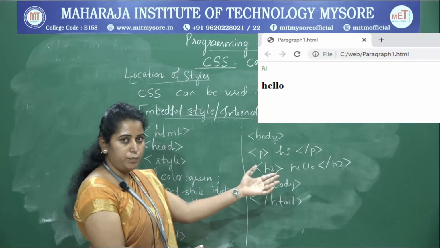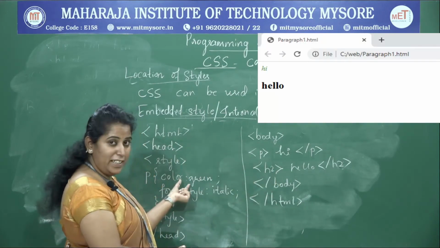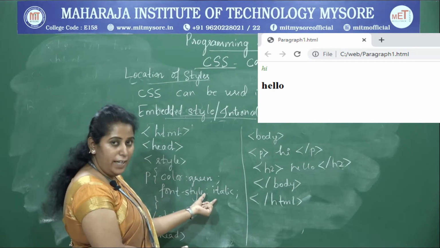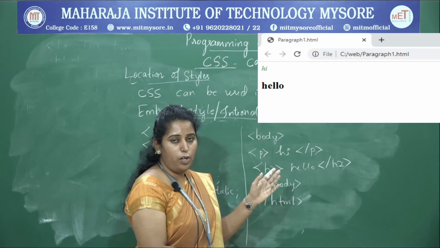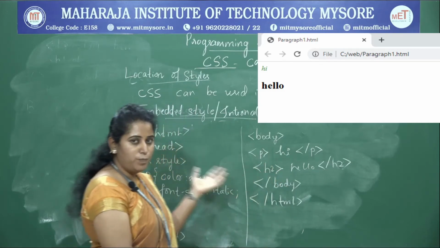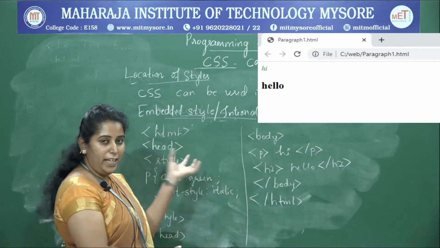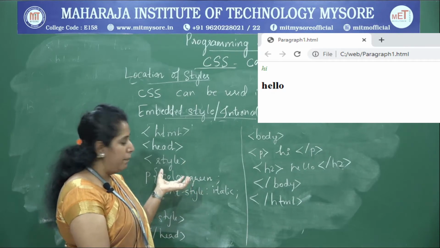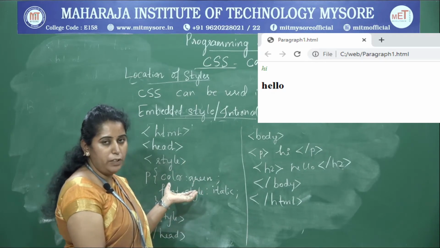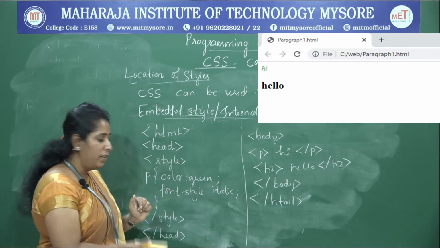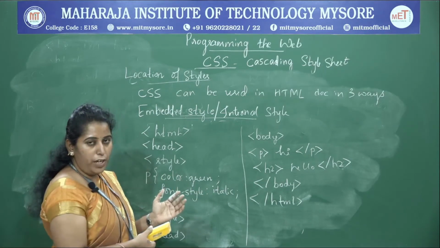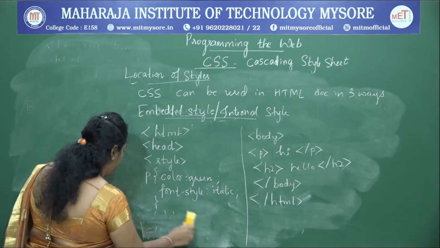What has happened? Hi is printed in green color and also in italic style, whereas hello is printed in the normal fashion. Is it right? So this is the embedded style method used in your HTML document using CSS. Now for the same program I am going to modify it in this way.